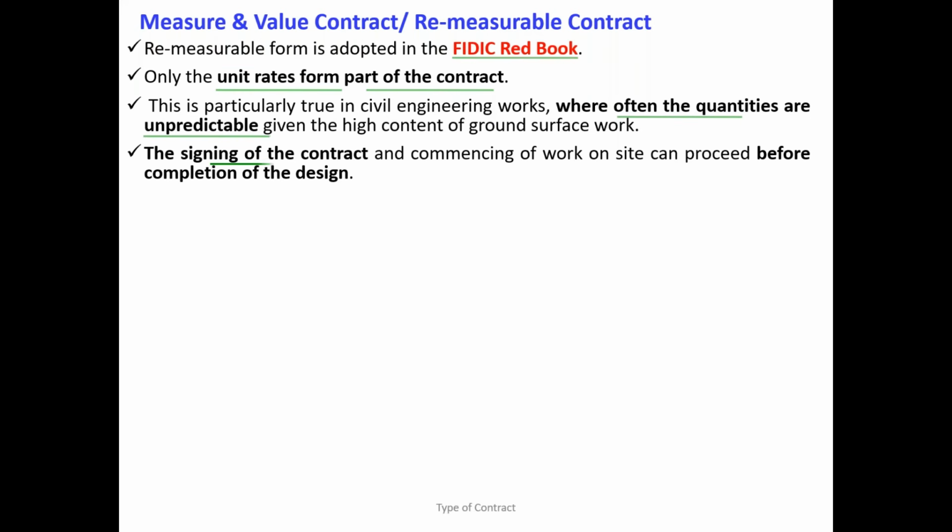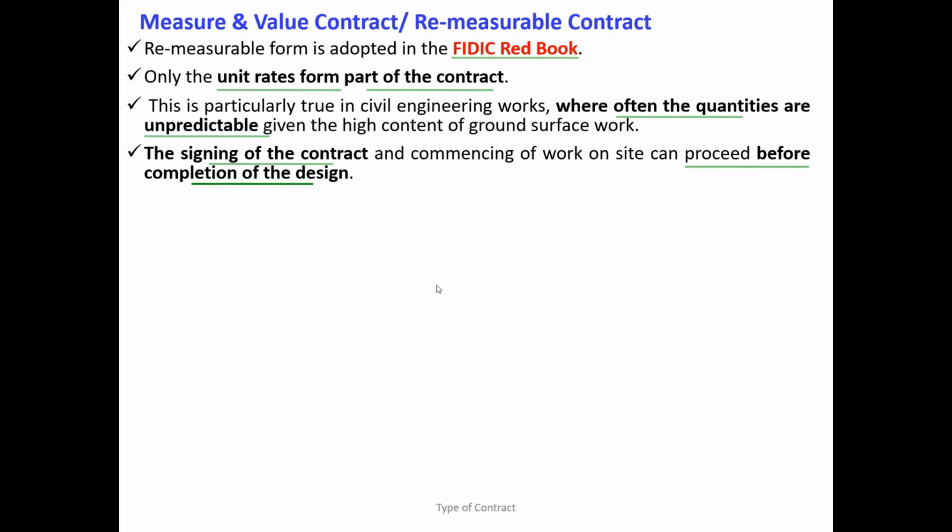So signing of the contract and commencing of the work can proceed before completion of the design. Why? I can ask you a question. If your design is already completed, do we need to go for a measure and value contract?